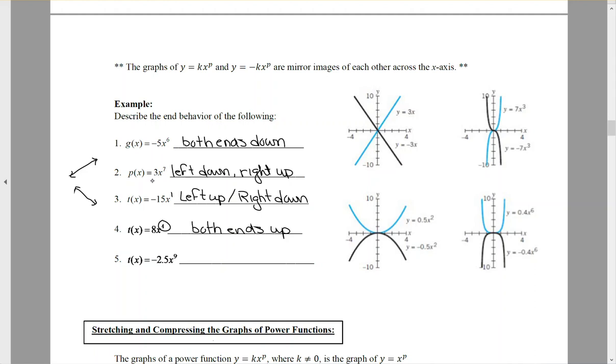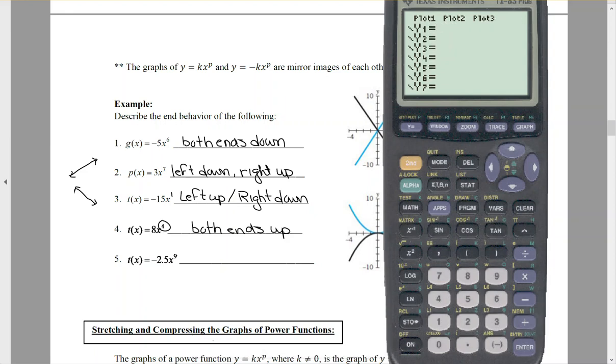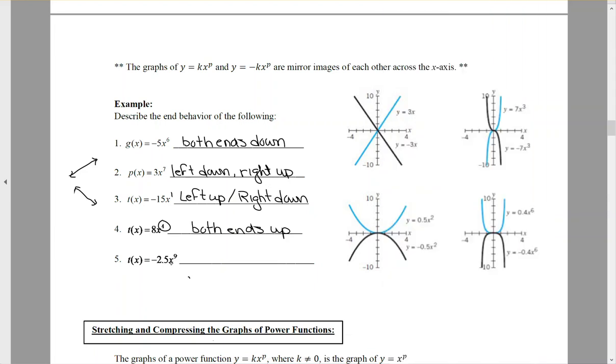You could type this into your calculator and take a look at it. Let me clear out all this stuff, and then just type in 3x to the 7. And notice the left side's down and the right side's up. Left down, right up.